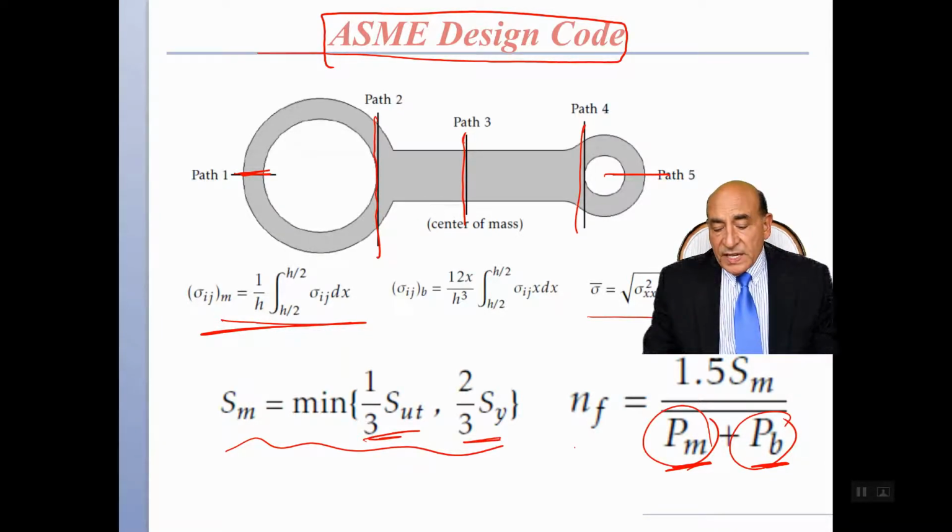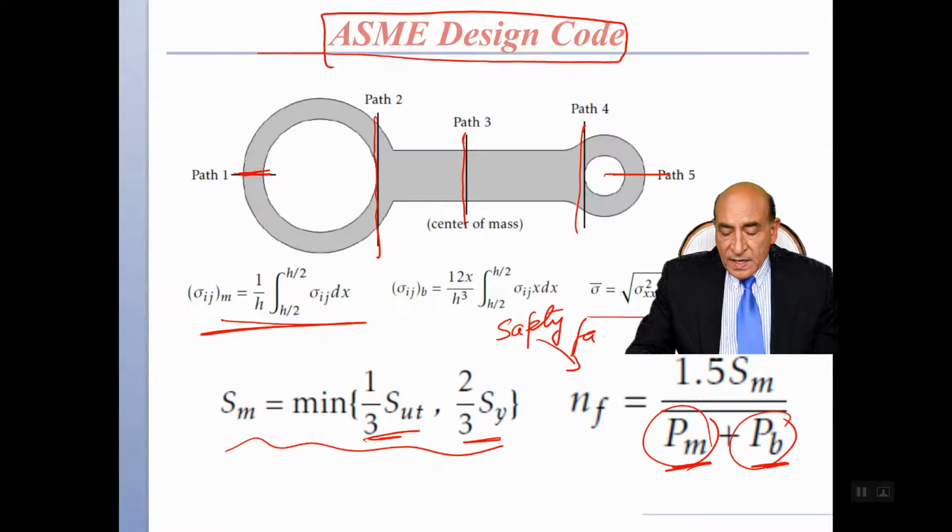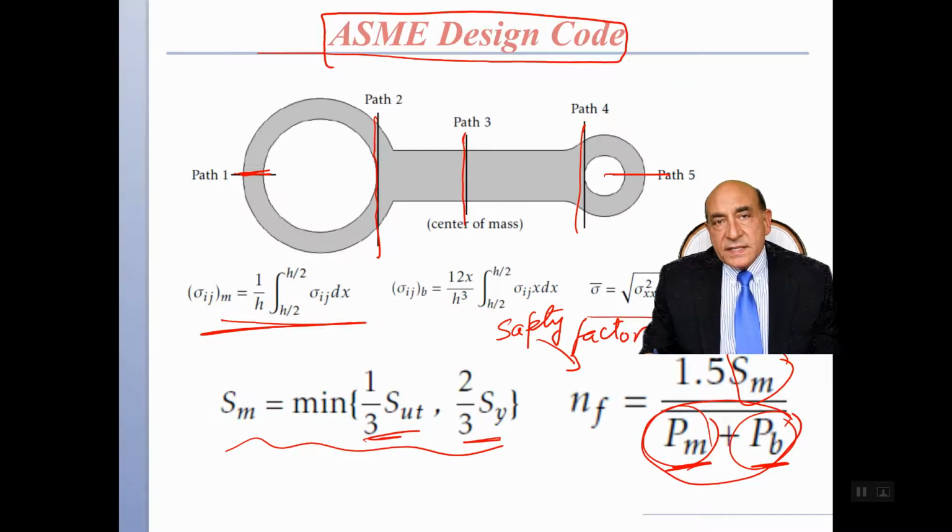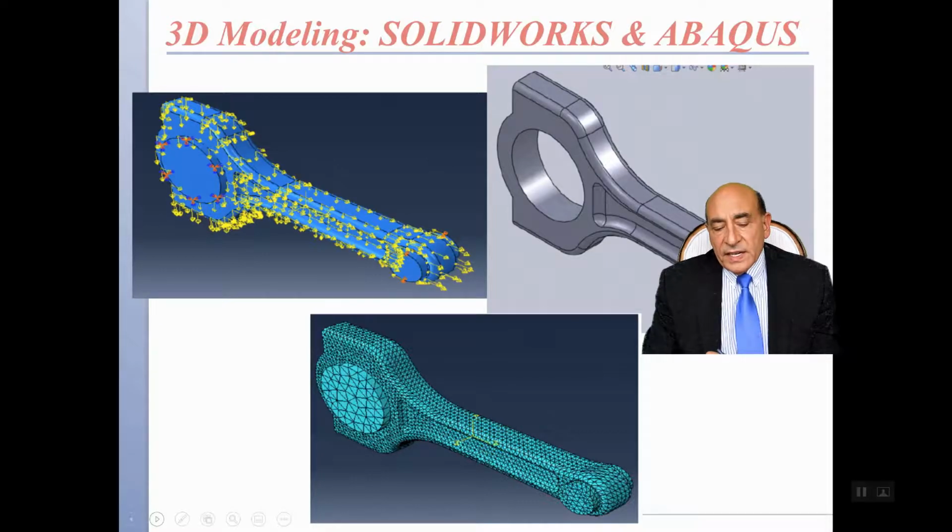And then we can determine a safety factor here based on the ratio of 1 in Sm divided by the total stress in the von Mises sense times 1.5. So these are the kind of things that we will learn as we move on in our analysis.